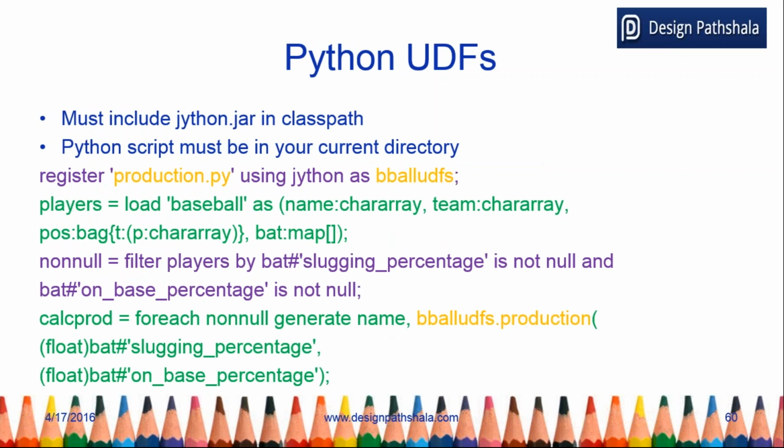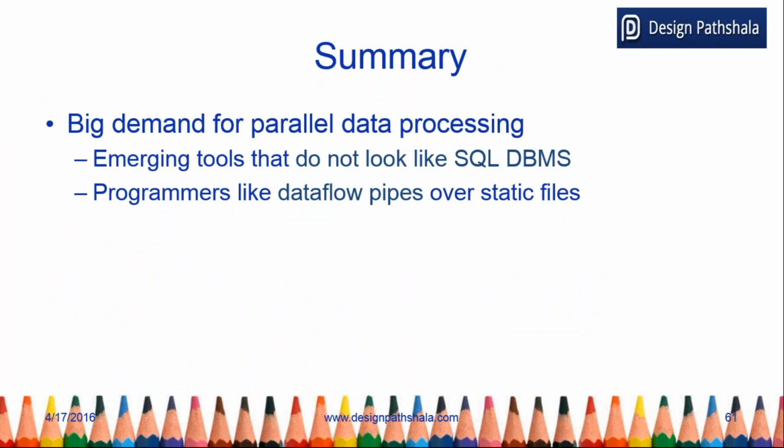You can write your function in any other language like Python and start using that. So it's not only Java, you can write your functions in any language. And there are a lot of functions defined in piggybank.jar. If you look at piggybank, there are a lot of functions already there for strings, date, and a number of things, you can look at them.